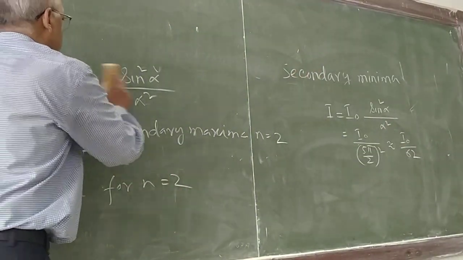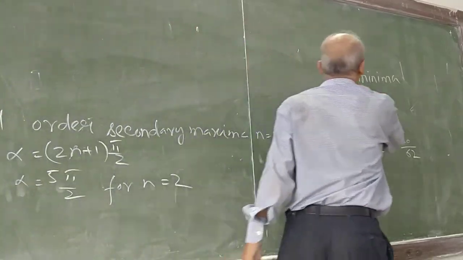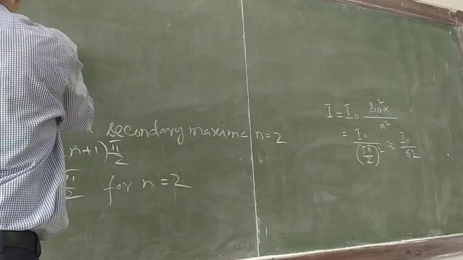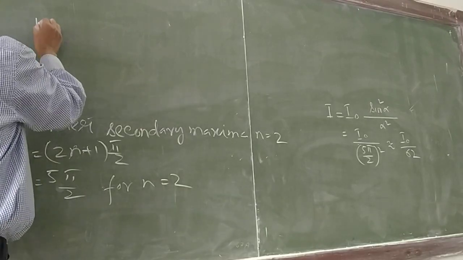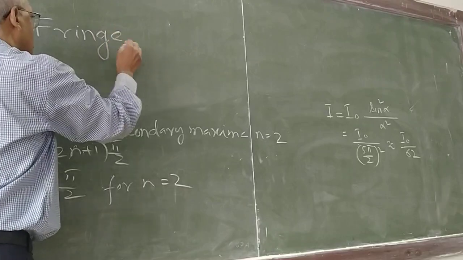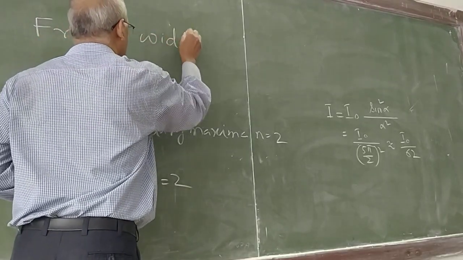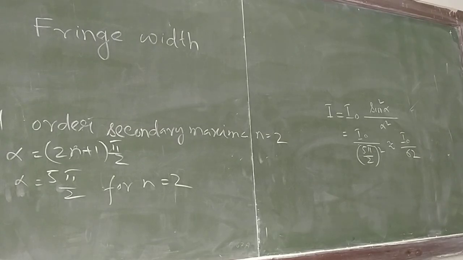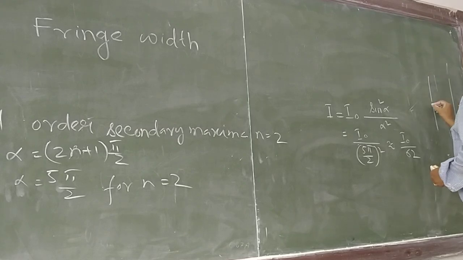Give me a heading now. Fringe width. On the screen, what you will get?